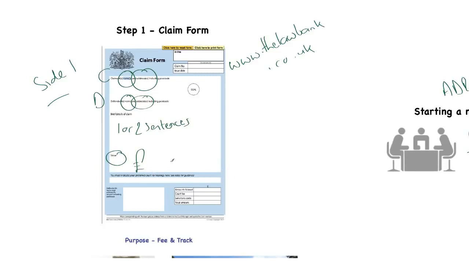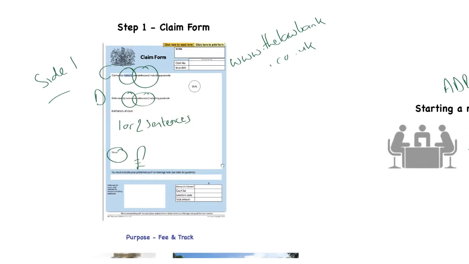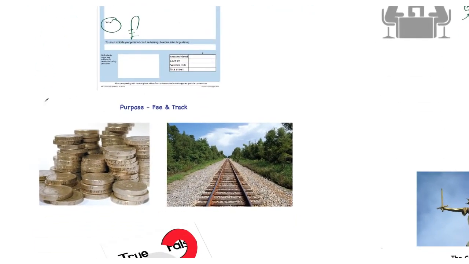The purpose for putting the value on the original claim form is it allows the court to see what is the fee payable. So how much they're going to charge you, and yes, this process is not free. It will cost you money, and perhaps we can start to think about the barriers to access to the law.